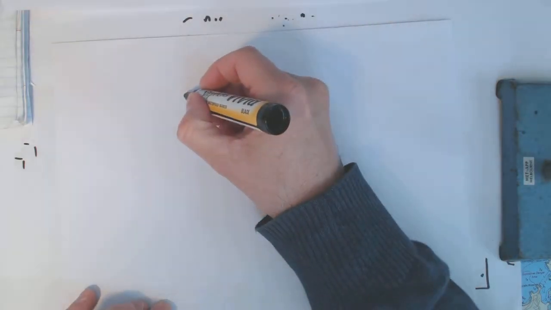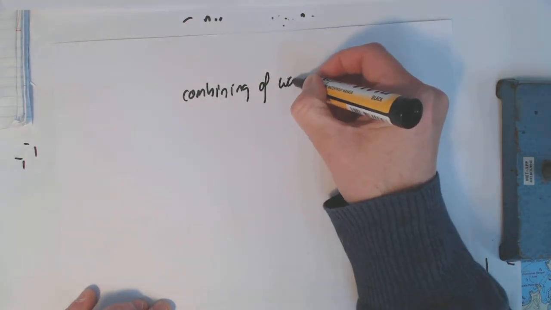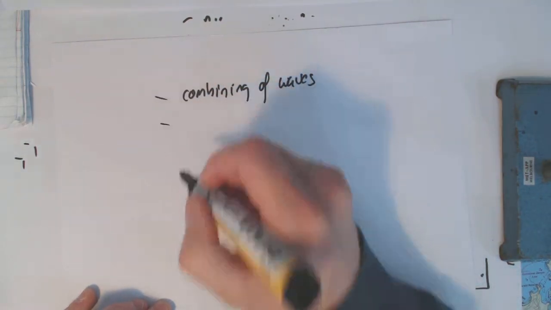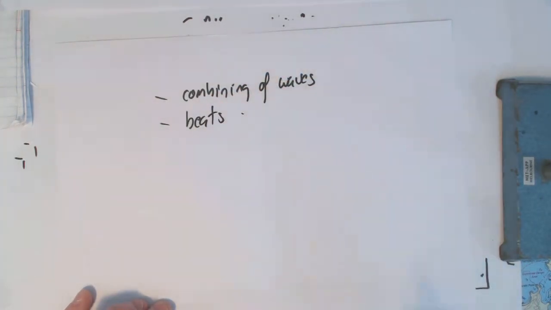But it's quite simple. What we are going to learn about here is there are a few different areas. We're going to look at just normal combining of waves. We're going to look at something called beats. That's when you combine waves of different frequencies, slightly different, and you get a beating.